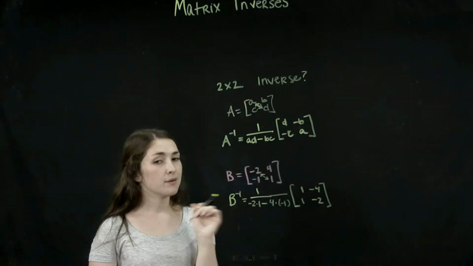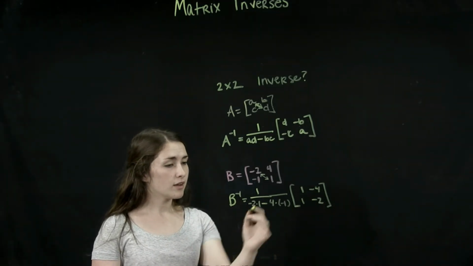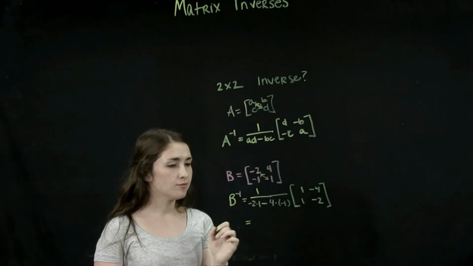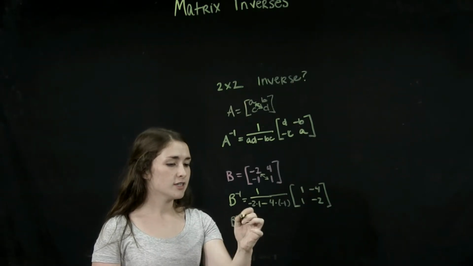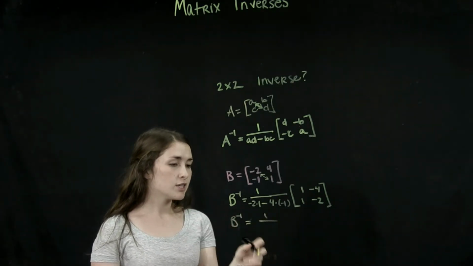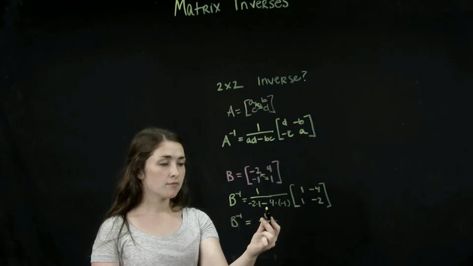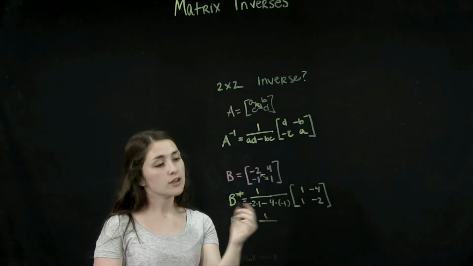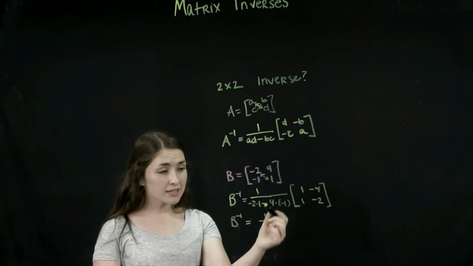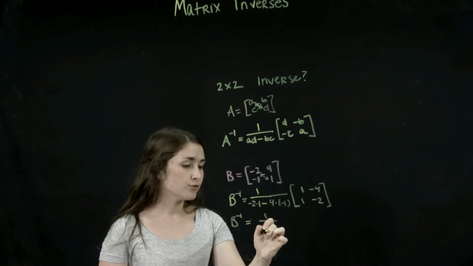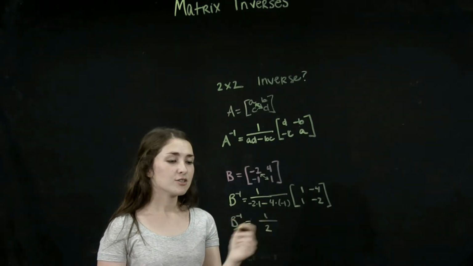Okay, but we're not done quite yet. Now we have to simplify this down. So we see B inverse is equal to 1 over, so we have negative 2 minus 4 times negative 1. So we're going to have negative 2 plus 4, which is going to be equal to 2. So we just have 1/2.